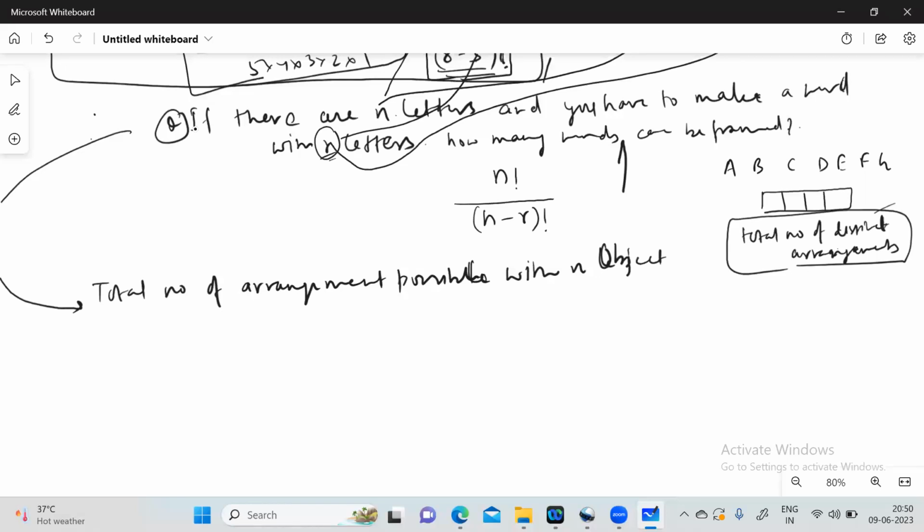I'm just rewriting the question here. Total number of arrangements possible with n objects taking r at a time.